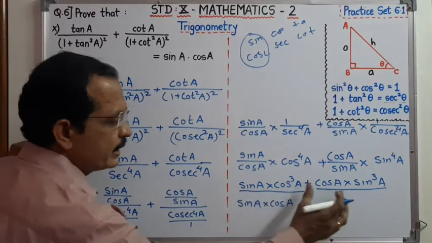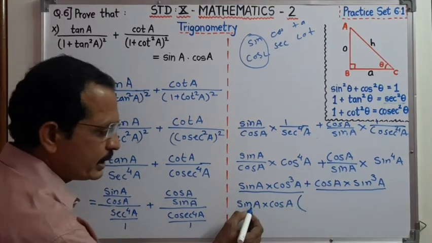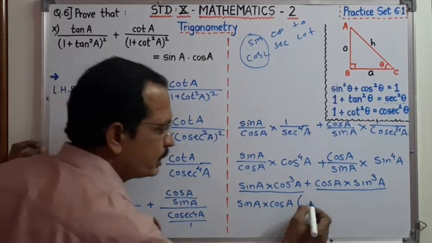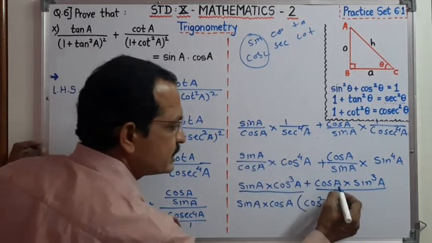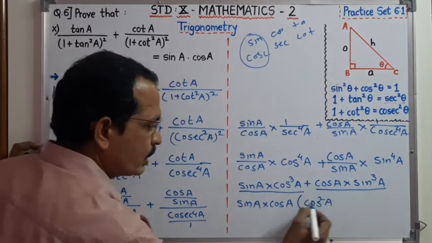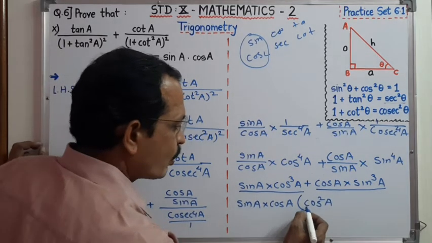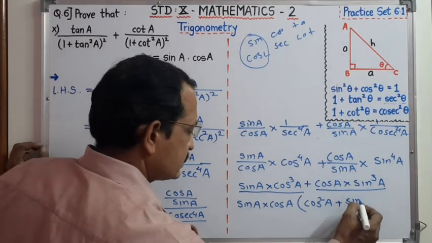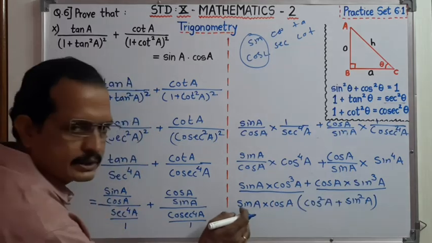From this sin A, here it is sin A, therefore in bracket this sin A we take out common. From this cos cube A, cos A is common, therefore it is cos square A. And from this cos A we take out as a common, therefore what is remaining? Sin square A, this plus sign, and here it is sin square A. From this sin cube A, this sin is cancelled.